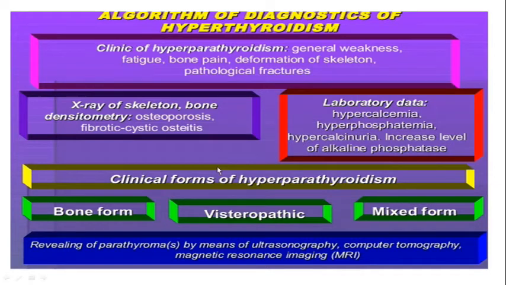And the clinical forms of hyperparathyroidism will be in the form of bony or a visceropathic or a mixed form, and the parathyroid adenoma can then be visualized through sonography or CT scan or MRI.